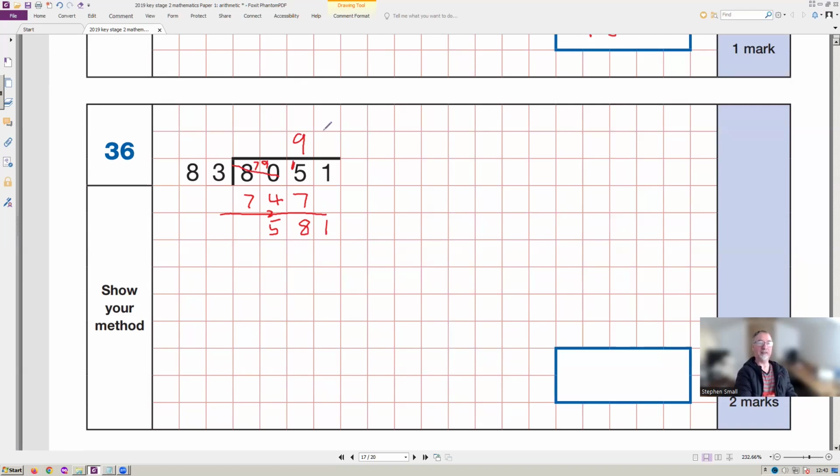It's going to be 7 times. Right. 7 3s are 21. 7 8s are 56. And 2 is 58. Yeah, it was 7 times. 581. And when you take them away, you get 0. So there's no remainder. So the answer is 97. Okay, I might come back to that one in a minute.